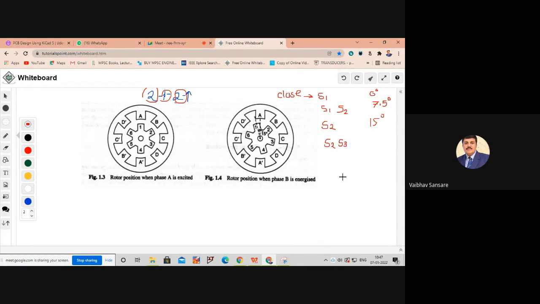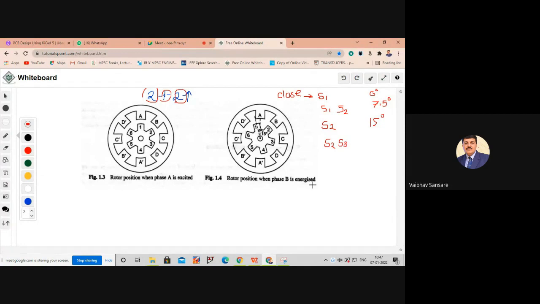This will try to rotate the rotor so that rotor poles 3 and 6 try to align under C dash by 15 degree, but at the same time the rotor will be attracted towards B dash in clockwise direction by 7.5 degree.